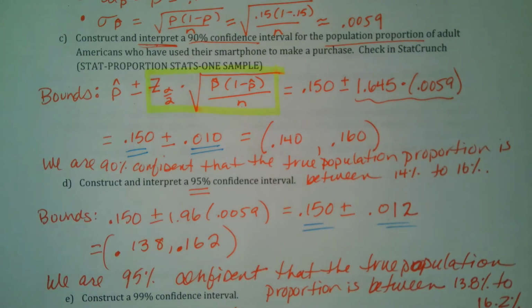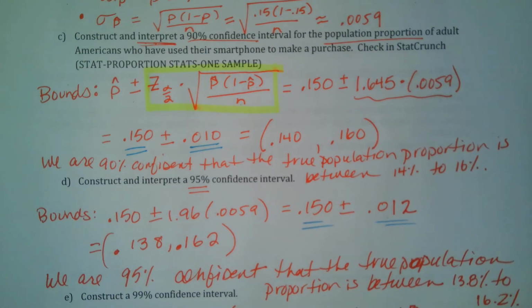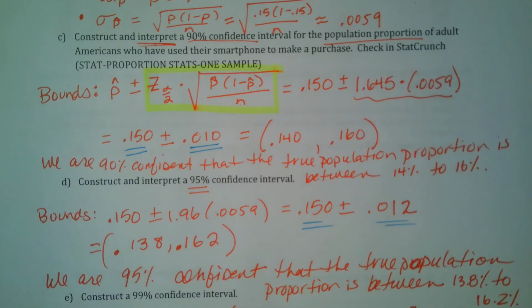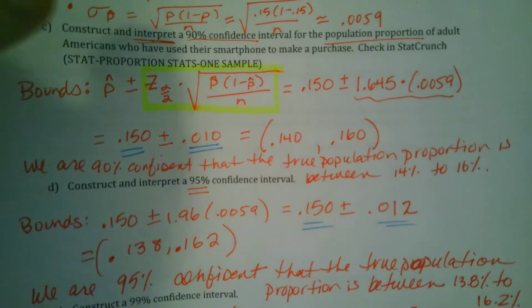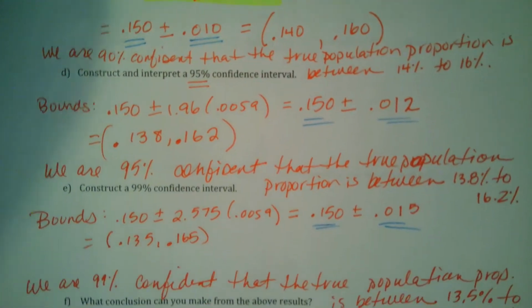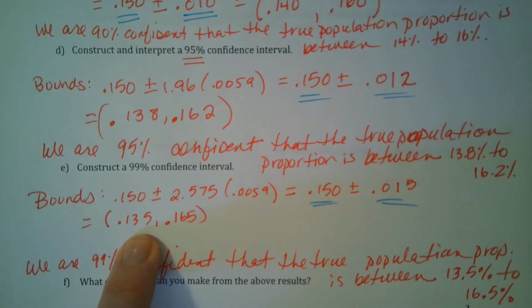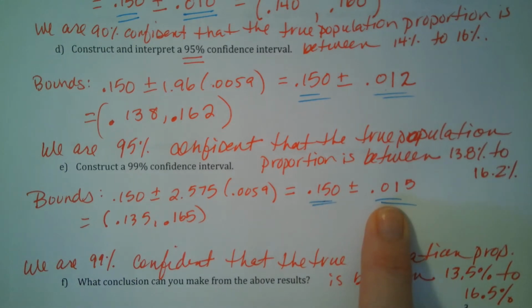If we were to construct a 99% confidence interval, we want to become even more confident, which means that this margin of error is going to become even wider. So the margin of error will become bigger, thus creating a wider interval. And I've already done this one for us, so let's go ahead and pull it up. You can see that it did in fact become wider because my margin of error got larger.